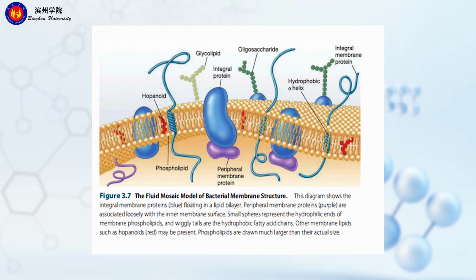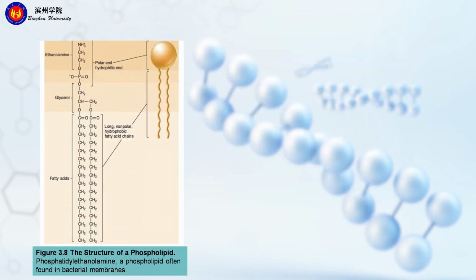They are structurally asymmetric, with polar and nonpolar ends. The polar ends interact with water and are hydrophilic. The nonpolar hydrophobic ends are insoluble in water and tend to associate with one another.